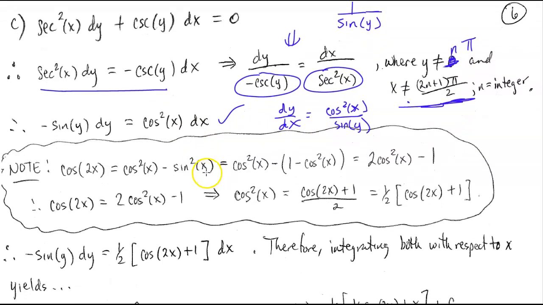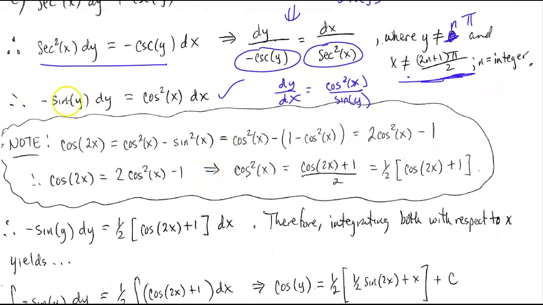All right. So from here, I notice that I have cosine squared x here and minus sine y here. I've separated everything to where I have everything in terms of x on one side, everything in terms of y on the other. And naturally, I would want to integrate both sides at this point.